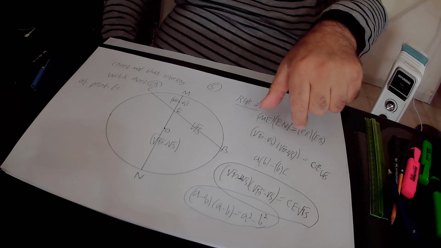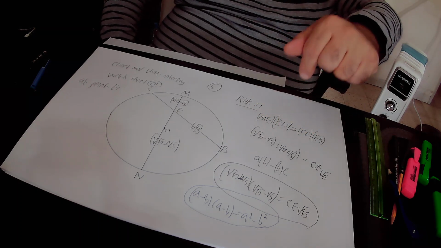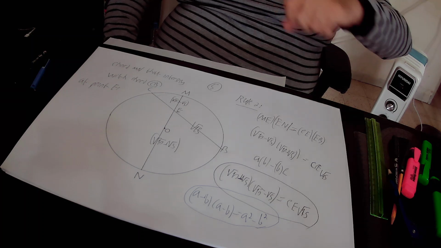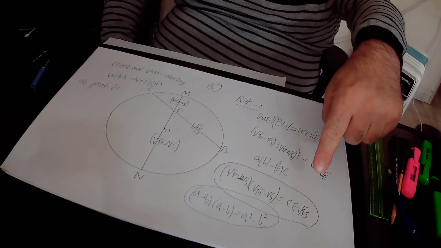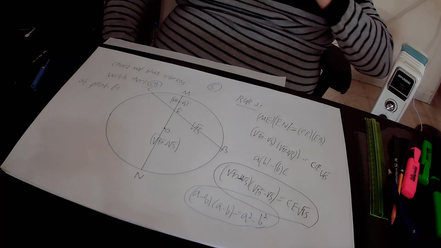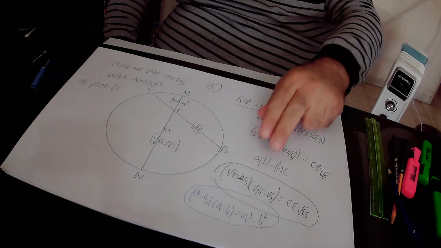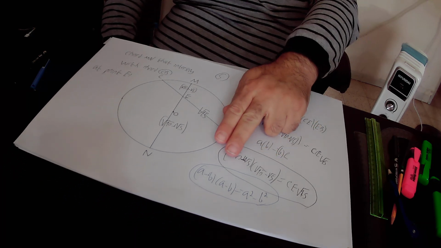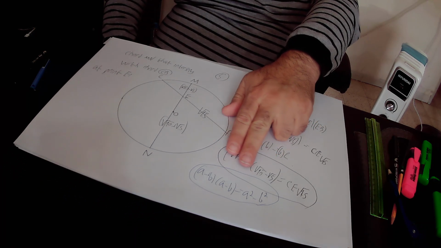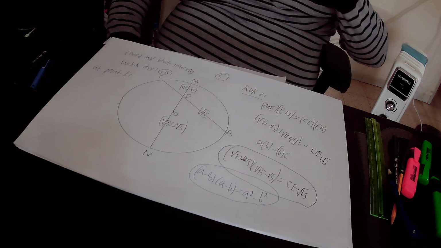So we substituted the two expressions with each other in the order, and it is equal to CE times square root of 15. In order to find out the value of this expression, we use the algebraic identity that states that A plus B times A minus B equals A squared minus B squared.